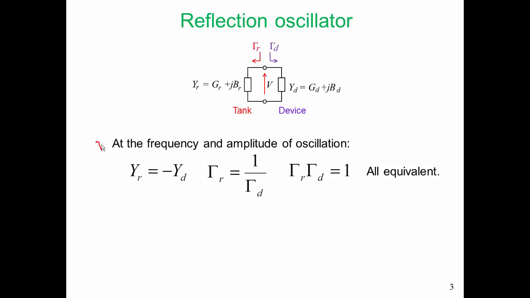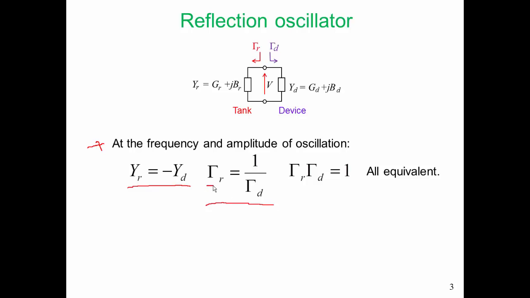At the frequency of oscillation and at the amplitude of oscillation, we can express the oscillation condition several ways. We can express it as saying that the admittance of the resonator circuit or the tank circuit is equal to the negative of the admittance of the active device, that is, YR is equal to minus YD. We can express it in terms of the reflection coefficient, and this is saying exactly the same thing.